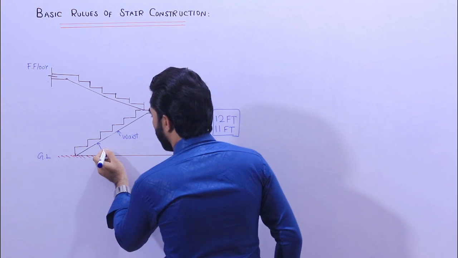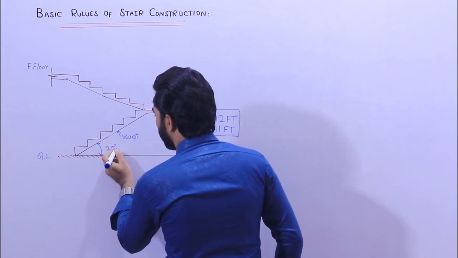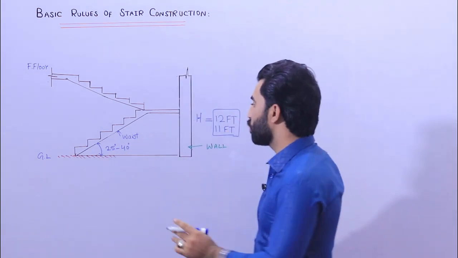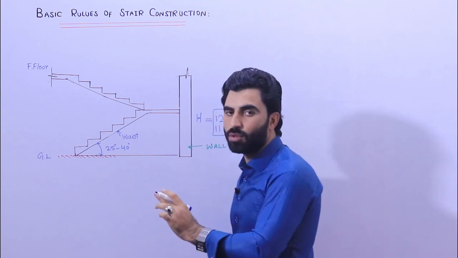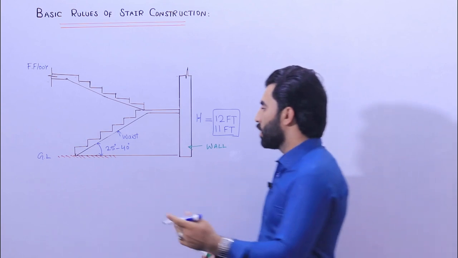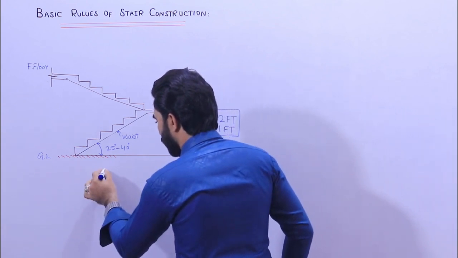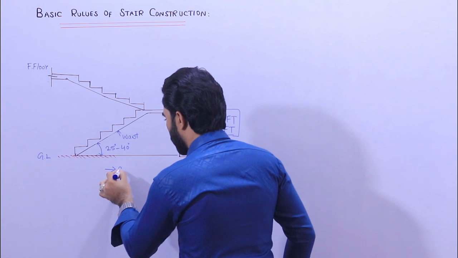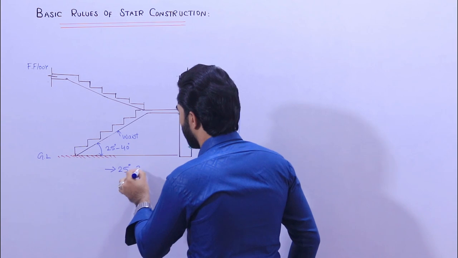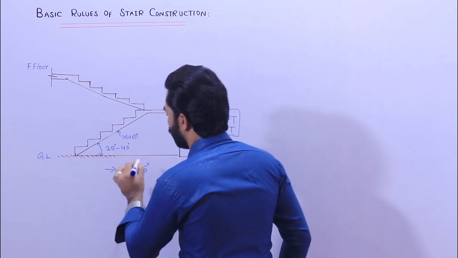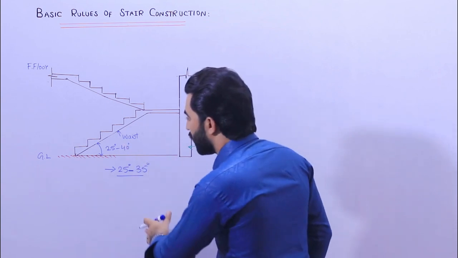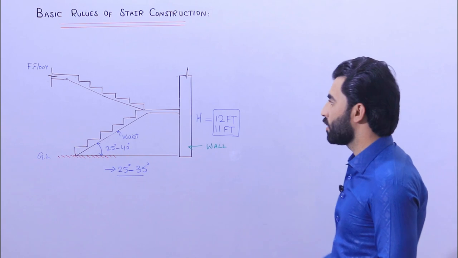Normally you can keep from 25 degrees to 40 degrees, but I am recommending you by myself, I design between 25 to 35. So in that case, I will guide you on what the riser and the tread should be. So this is the angle of stair.